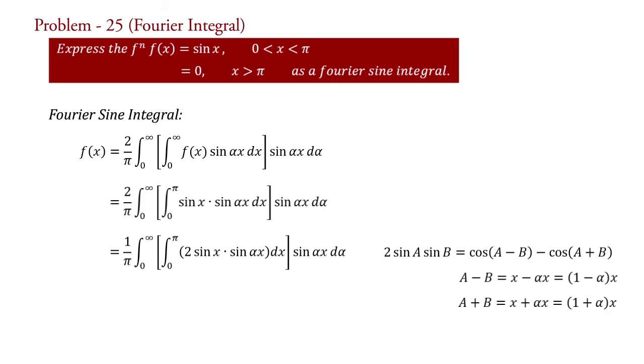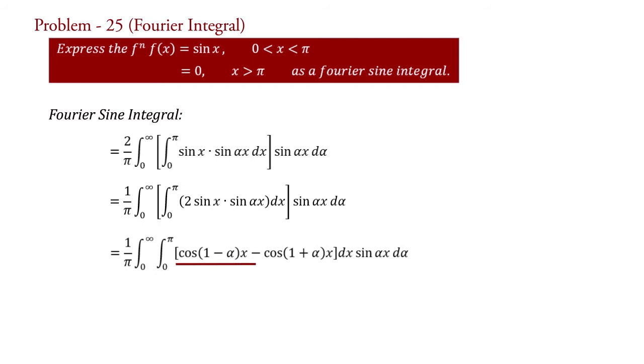Putting these values, we get f of x equal to 1 upon pi integral 0 to infinity into integral 0 to pi into cos of 1 minus alpha into x minus cos of 1 plus alpha into x bracket over dx into sine alpha x d alpha.